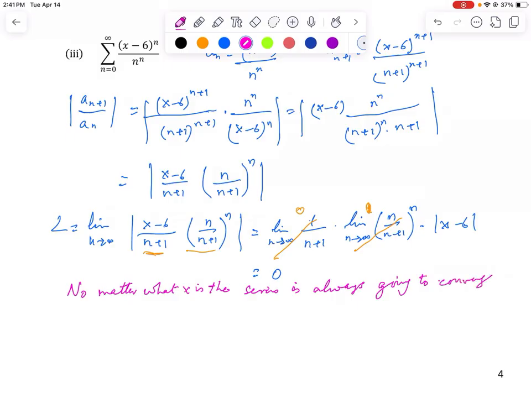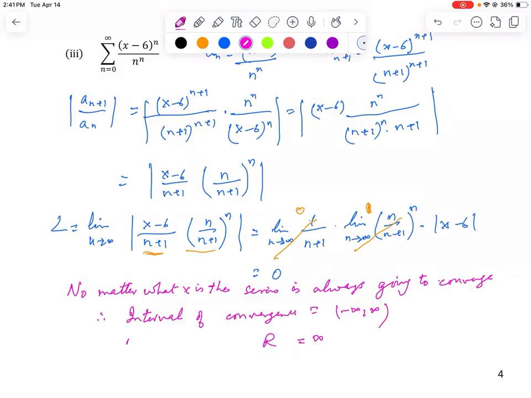Therefore, the interval of convergence is negative infinity to infinity, and the radius r is equal to infinity.